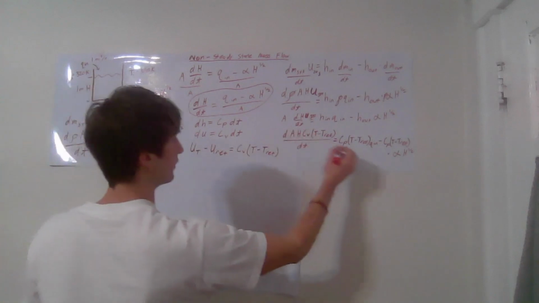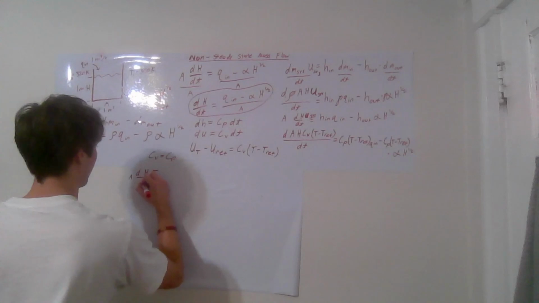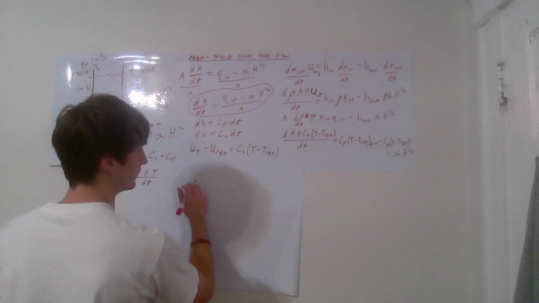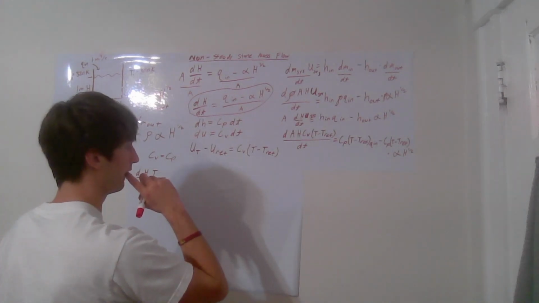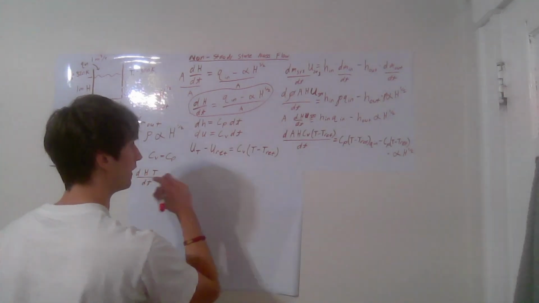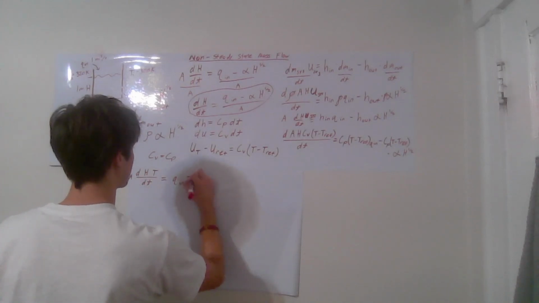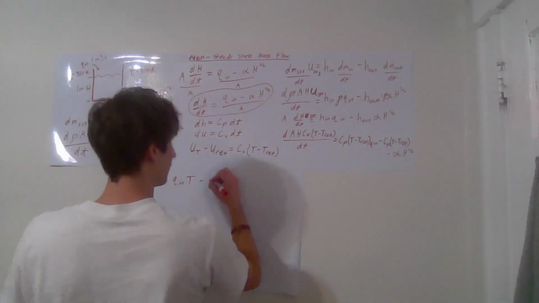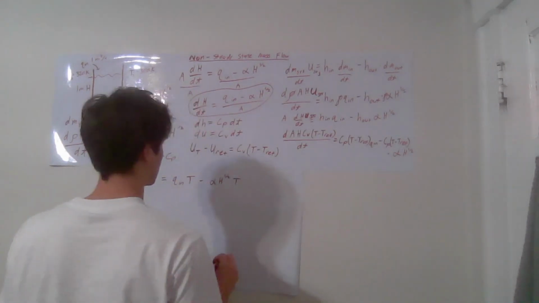So those can cancel, as well as the T references, over our change in time. And we can say that it's going to be equal to the flow rate in times our temperature minus our alpha H to the 1/2, also times our temperature.